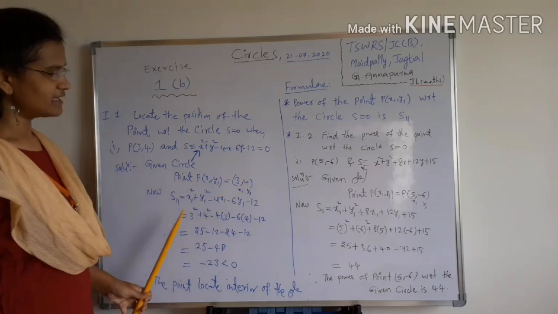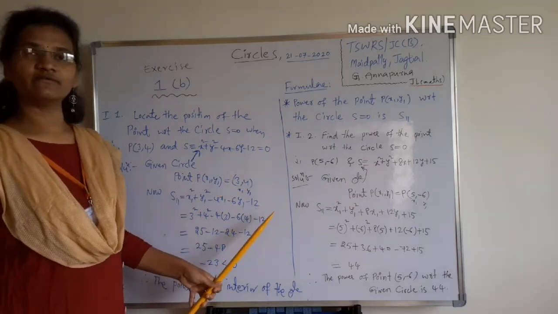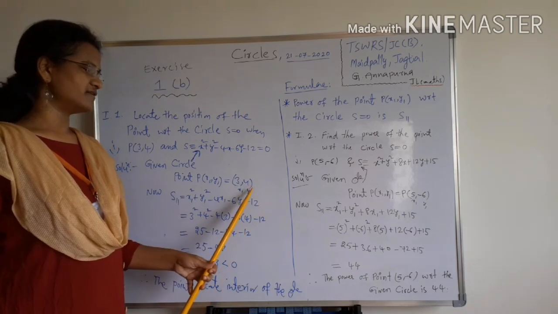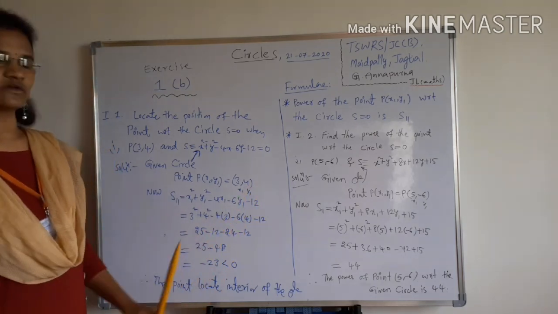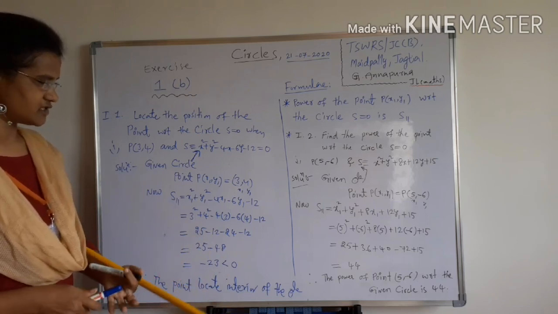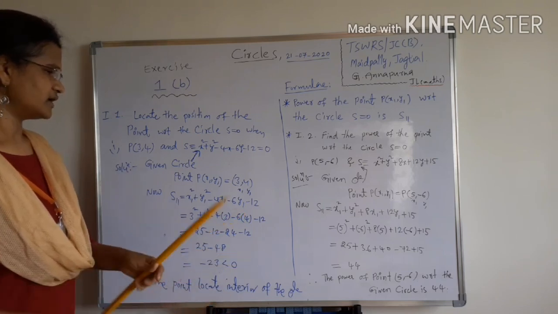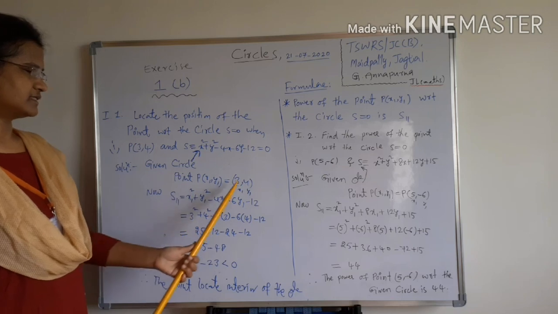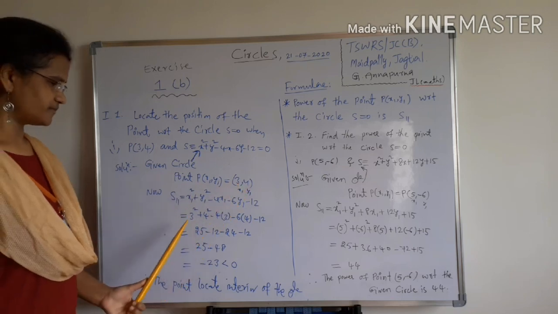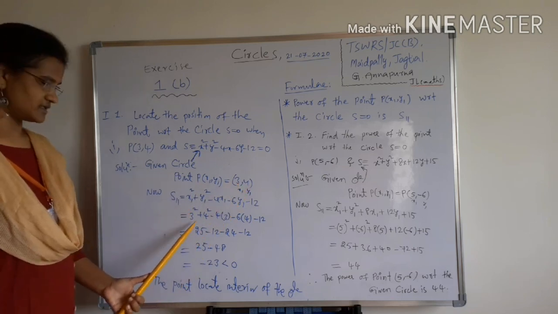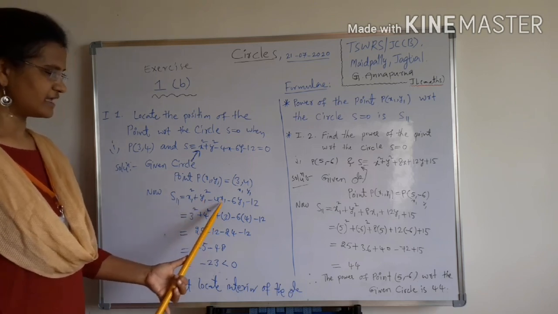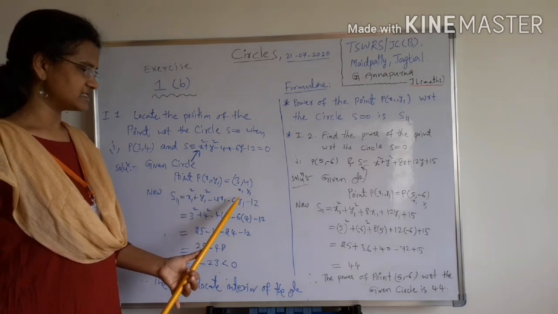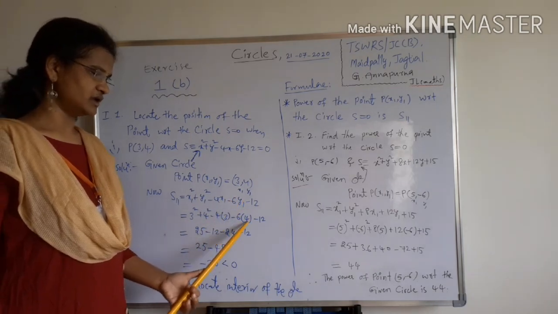In this equation we already have the x1, y1 values, so we have to substitute in equation 1. What is x1? 3. y1? 4. 3 square, x1 square means 3 square, y1 square means 4 square, minus 4 of x1 means 3, and 6 of y1 means 4, minus 12.